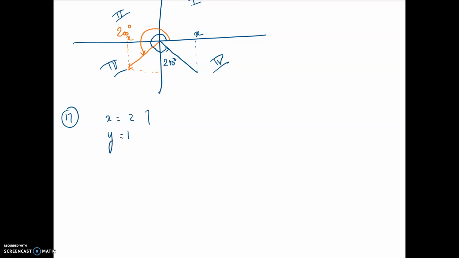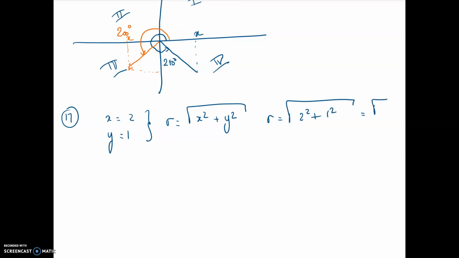First of all, using the Pythagorean Theorem, I want to calculate r. And r equals the square root of x squared plus y squared. So r will be equal to the square root of 2 squared plus 1 squared, which is the square root of 5. Now, if I want to calculate the trigonometric functions, the cosinus of my angle is going to be 2 divided by square root of 5.